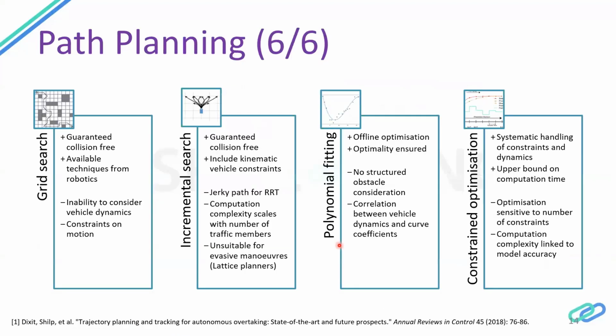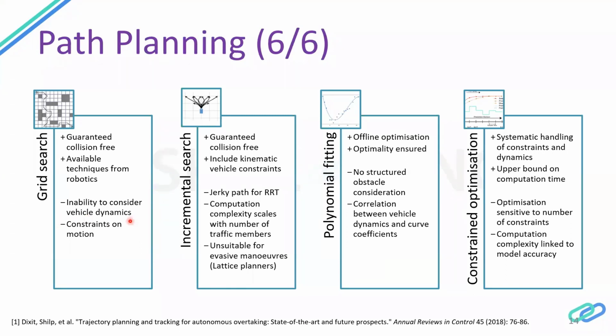Just as a summary on the different path planning techniques. Initially I talked about the grid-based search, and what you had there was you could guarantee collision-free paths, and we could import all the techniques available from robotics, so you could incorporate them and take advantage of the developments that are there. But with grid-based paths it is very difficult to incorporate the vehicle dynamics.